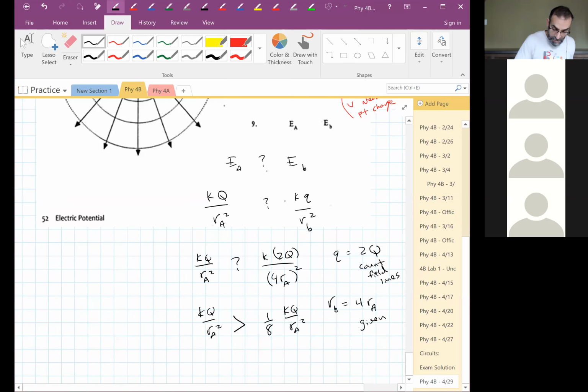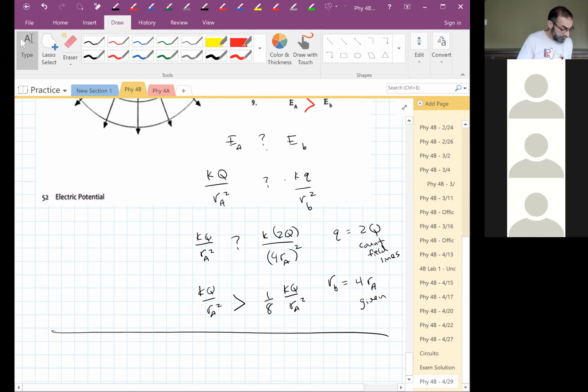So the electric field at capital A is larger than the electric field at lowercase b. Okay.